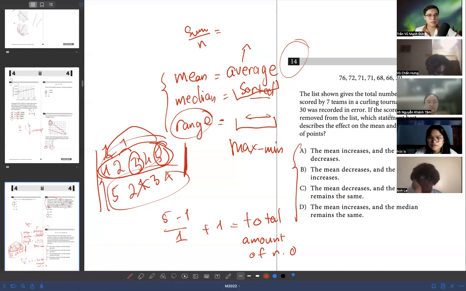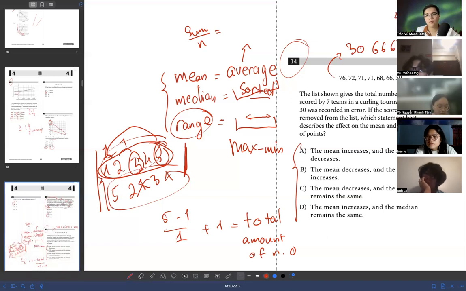Firstly, to have an easier look, I'd sort them from smallest to largest: 30, 66, 68, 71, 71, 72, 76. So the median in this case is, 1, 2, 3, 4, 5, 6, 7, the fourth number, 1, 2, 3, 4.